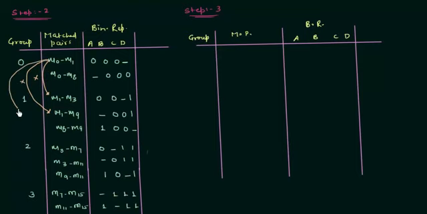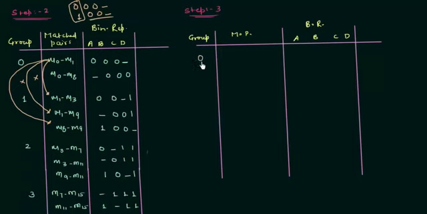We will compare M0 M1 with M8 M9. So 0 0 0 underscore, M8 M9 is 1 0 0 underscore, and you can see we have only one variable changing, that is A. The rest of the variables are the same.